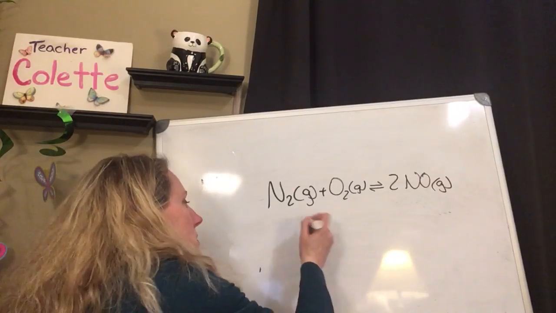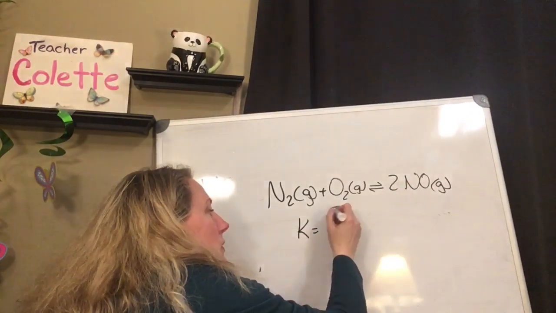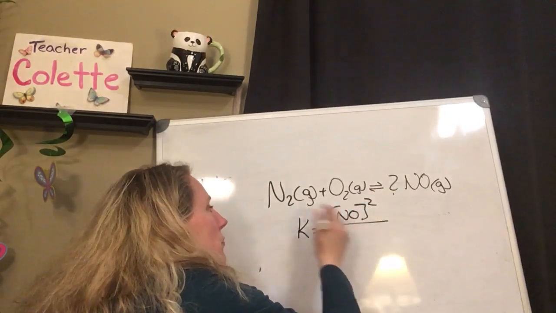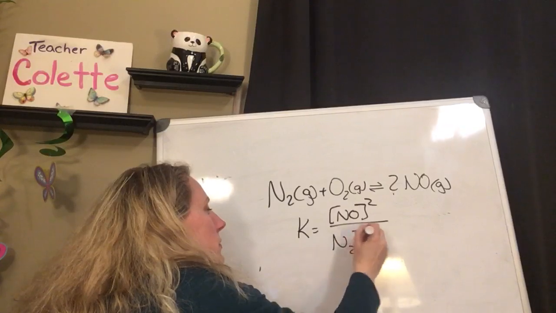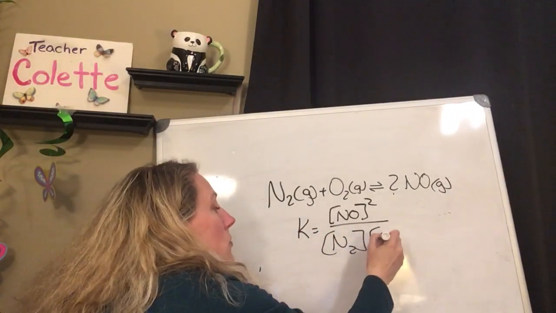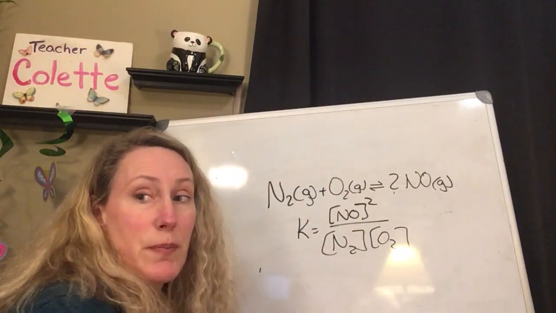Easy. At equilibrium, it's going to be the products, which is NO to this exponent, over N2 gas to this exponent, which is 1, and O2 to this exponent, which is 1. Now I just drop in the numbers.